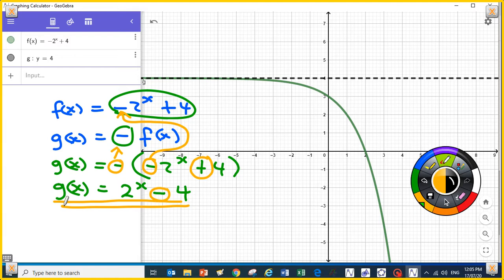And also, if your graph was a decreasing function like that, this is called a decreasing function, if you reflect about the x-axis, it will now become an increasing function. So let me just show you the graph itself. So this is your answer for the equation for g of x.